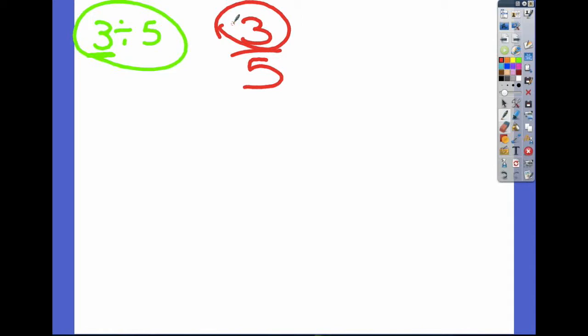On the inside. And the denominator goes on the outside. So, then you ask yourself, how many times does 5 go into 3? And then you'll end up with a fraction of 3 fifths again.